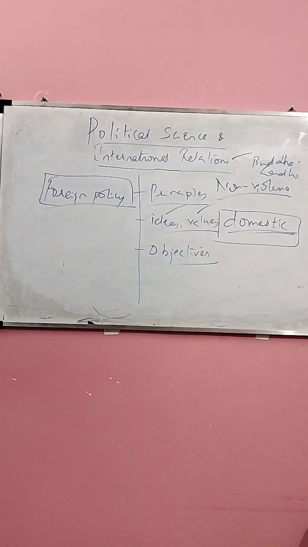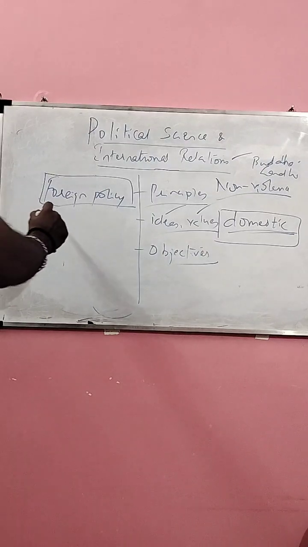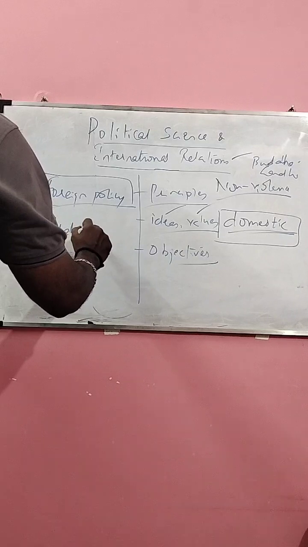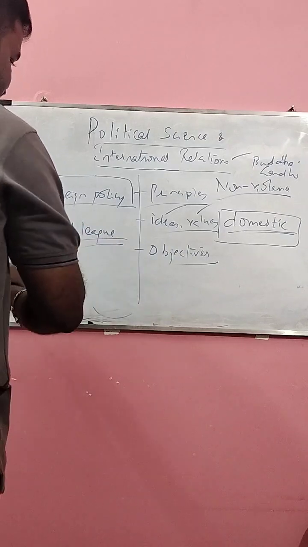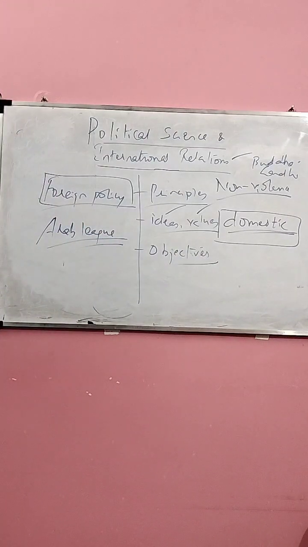For example, the Arab countries have already established a cooperation between them in the form of an organization called Arab League. The Arab League is nothing but a reflection of the domestic cultural value. So we can give many examples. Democracy is a value. India is a democracy. Japan is a democracy. The domestic value and idea, democracy, has brought India and Japan together as allies over the years.